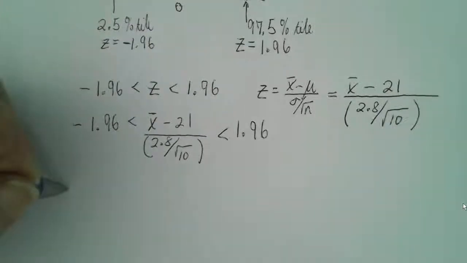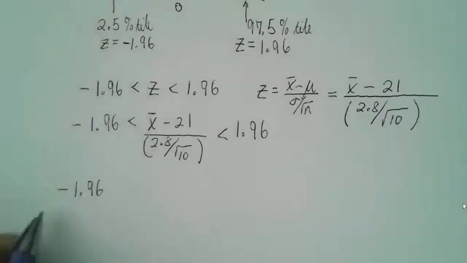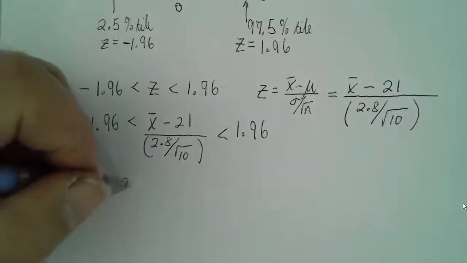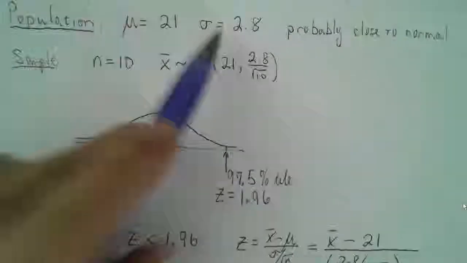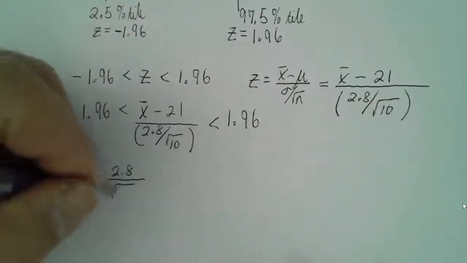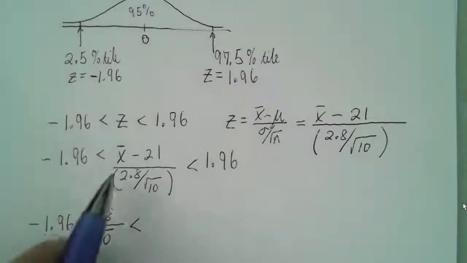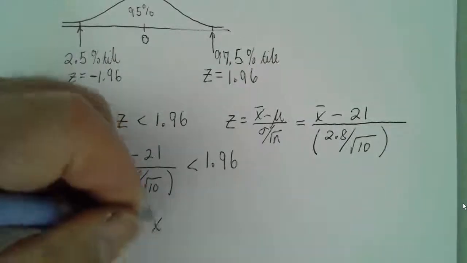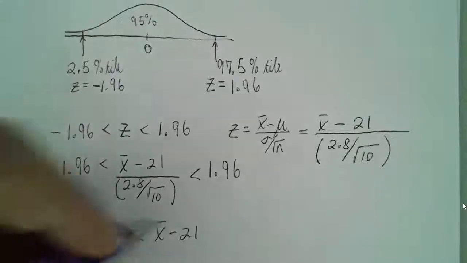And this is what I'm going to get, minus 1.96. That's the z critical value with a negative on it, times 2.8. That's the standard deviation of the population. Divide by root 10. That is the square root of the sample size. Then what's left in the middle is this guy, the difference between the mean of the sample and the mean of the population.